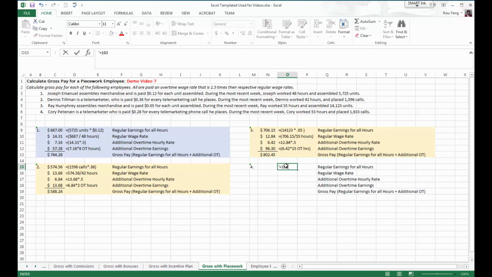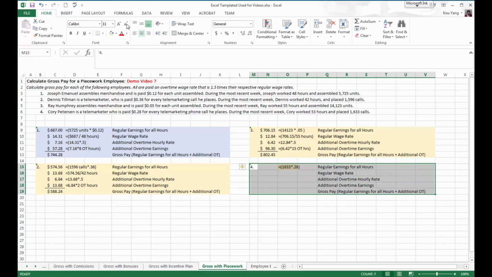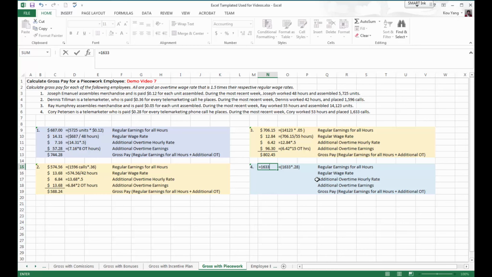We're going to take the 1,633 and multiply by the 0.28 rate, or the amount they're going to pay for every call that he makes, for a total of $457.24. The regular wage rate is calculated by taking that $457.24 divided by the total hours.